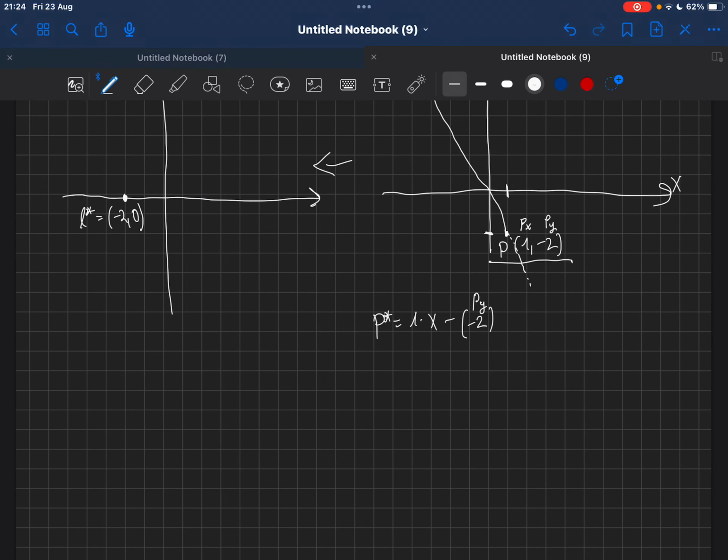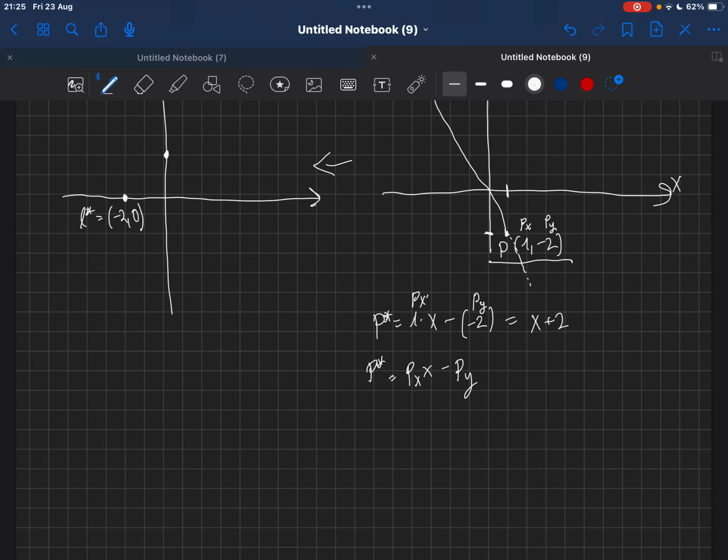Again, px times x minus py. Now the line I get from this point in the dual plane is just x plus 2.